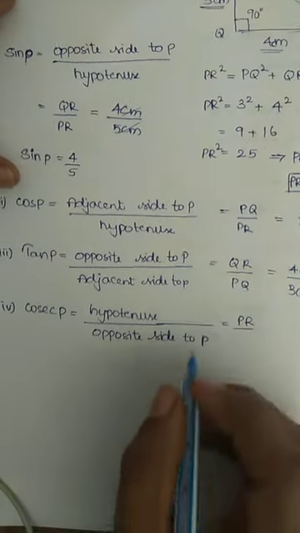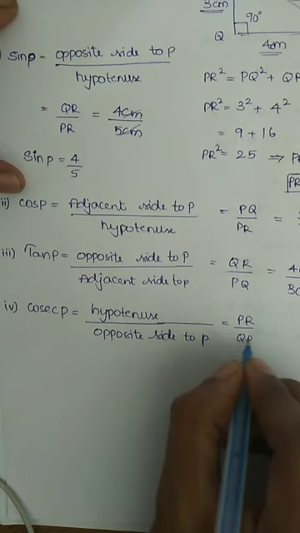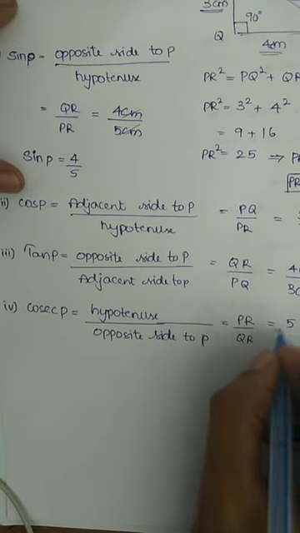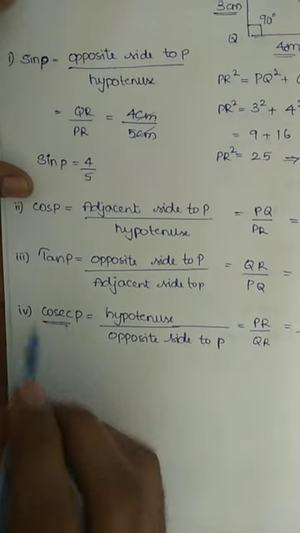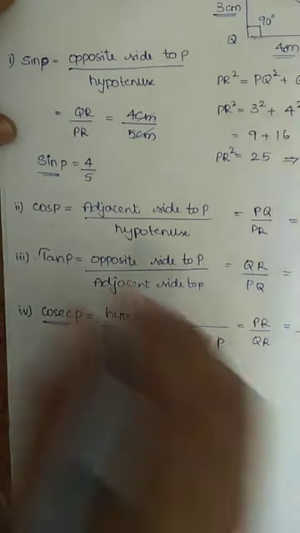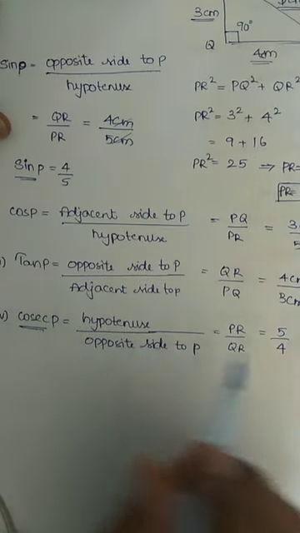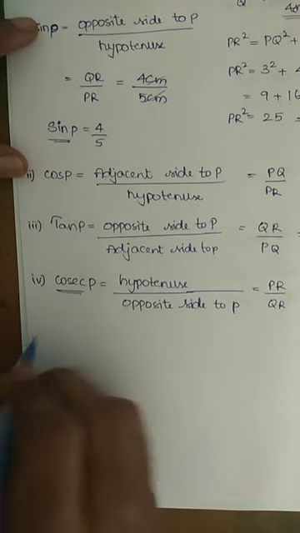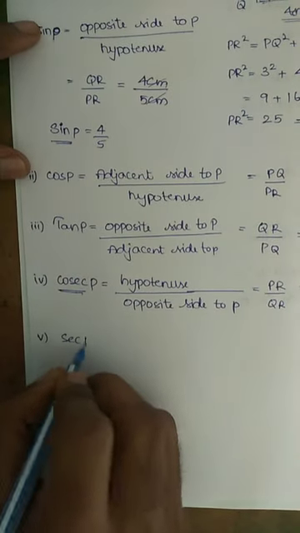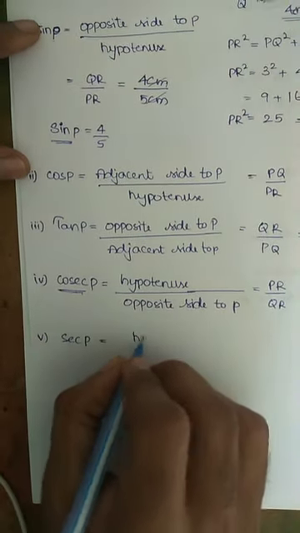PR by opposite side to P is QR. So it is 5 by 4. You can clearly see cosecant P and sin P, they are reciprocal to each other. Reciprocal of sin P is cosecant P.